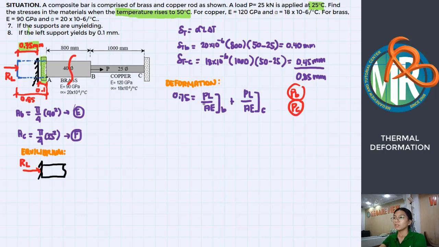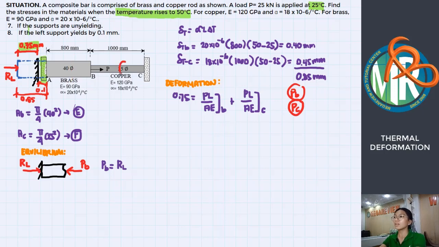We said that this 0.75 is pulling our member, so the reaction of our brass and copper would be the opposite, which is compressive. So the force here would be compressive for the brass rod, and the force of the brass rod is just equal to the reaction at the left support.